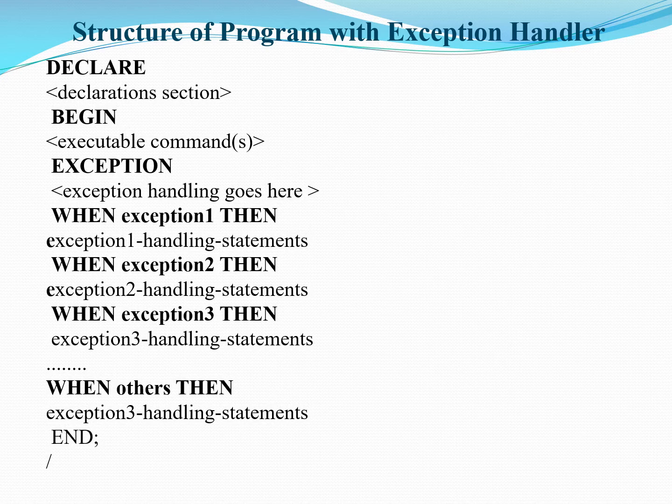Here in this program we have three predefined exceptions, that is exception 1, exception 2 and exception 3, and we have when others, then exception handling statement. So this is basically used to define unnamed exceptions. So our program may have a combination of predefined, named as well as unnamed exceptions, or we can create user-defined exceptions also, right?